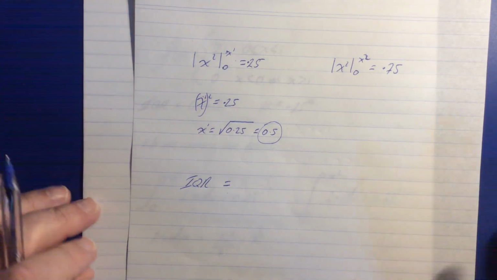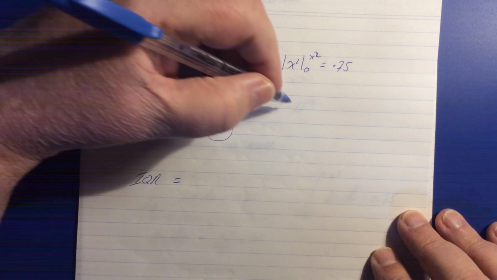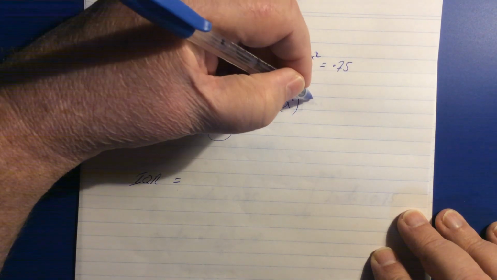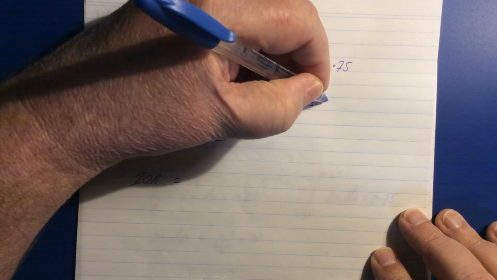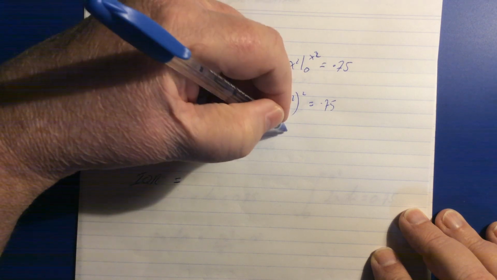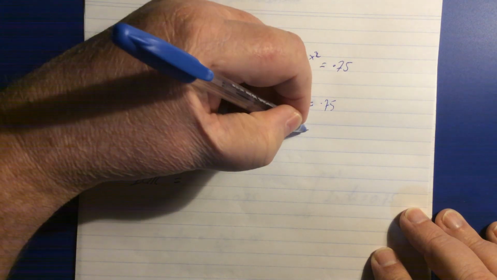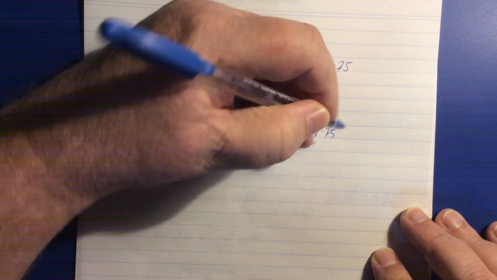Okay, so let's do this for number 2. So what we wind up with is x2 squared is going to equal 0.75. Therefore, the square root of this, which is x2, not to be confused with x squared, is equal to the square root of 0.75.